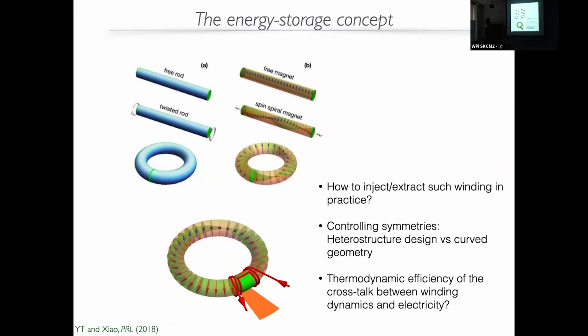So it's a basic energy storage idea that will underlie much of what I'm going to say later on, at least as an overarching concept. Later on, I'm going to improve ways to control this energy storage, but the essential idea from that old paper is already illustrated in this cartoon here.